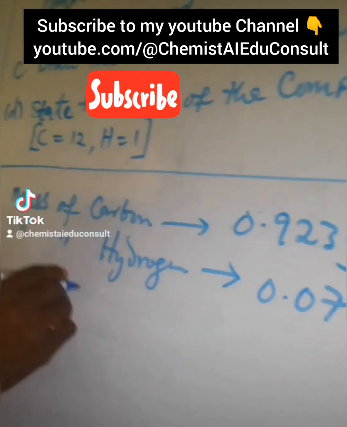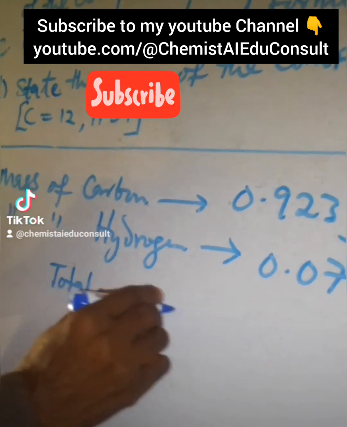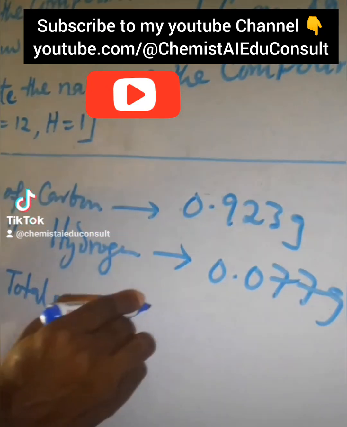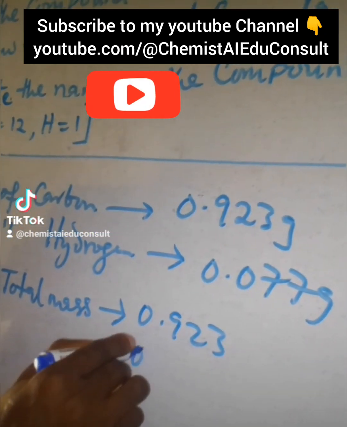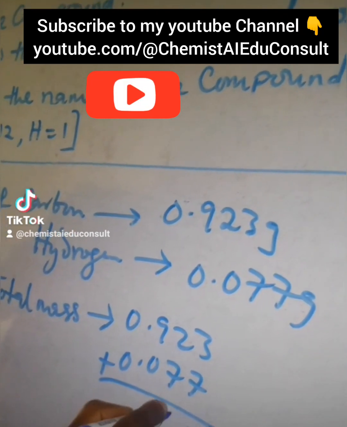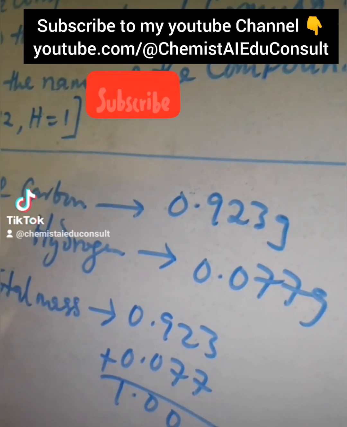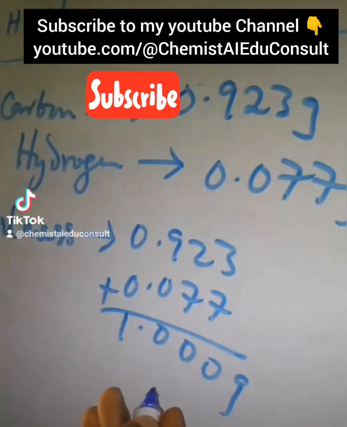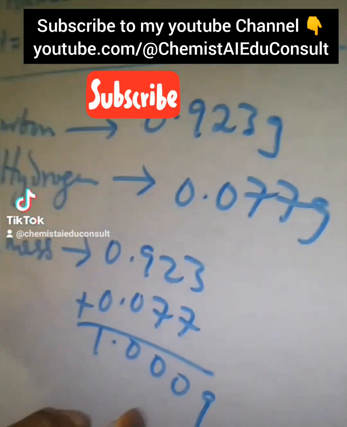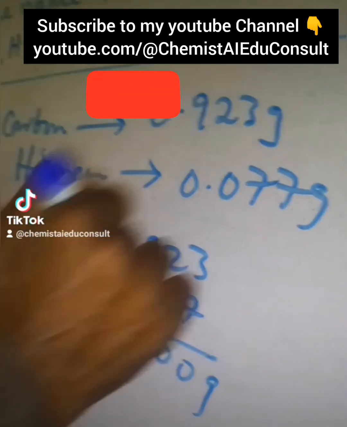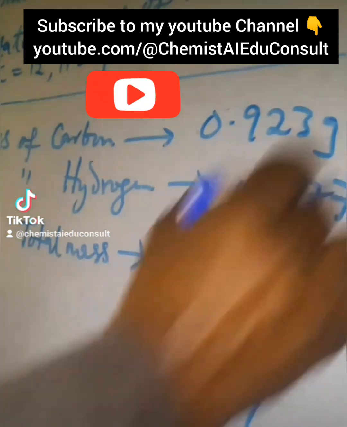Now, you take the total mass. The total mass is 0.923 plus 0.077, so the total mass is going to give you 1 gram. From this total mass, you can now work out the percentage composition of each of the elements.